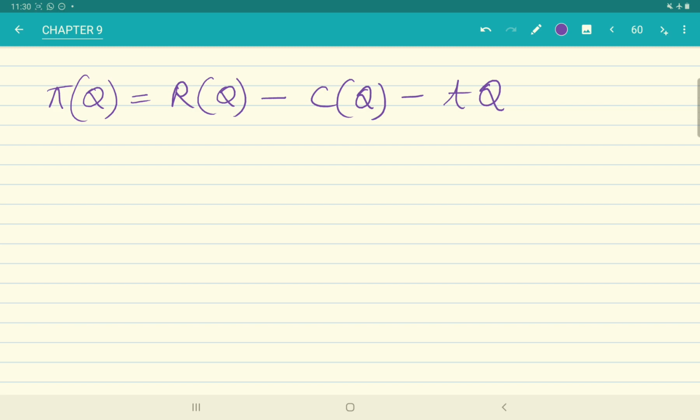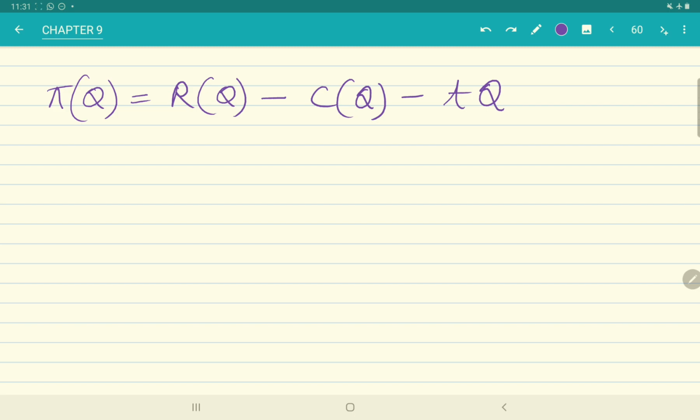Obviously, the profit function is differentiable, given that r is a differentiable function of q and c is also a differentiable function of q. Given all this, I know that pi is also a differentiable function of q.